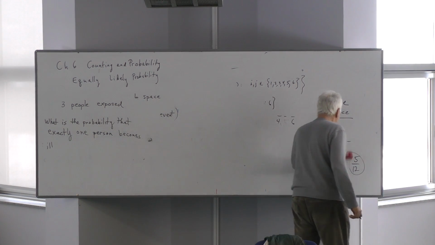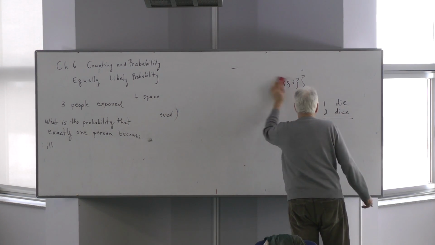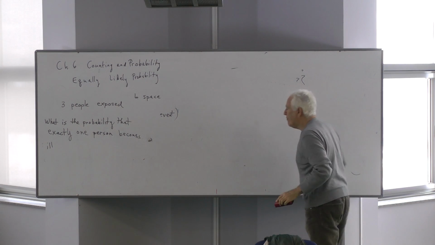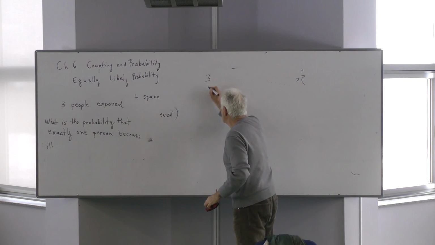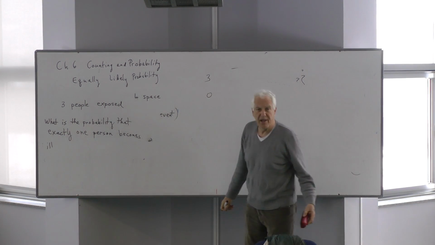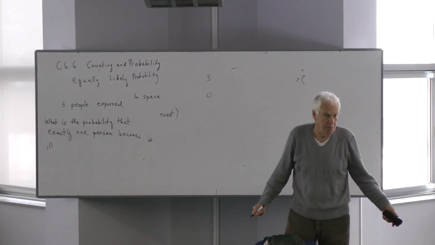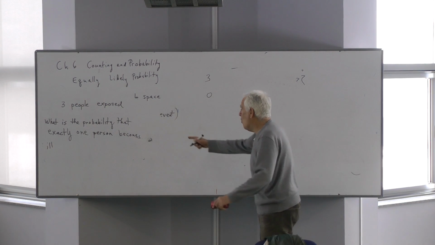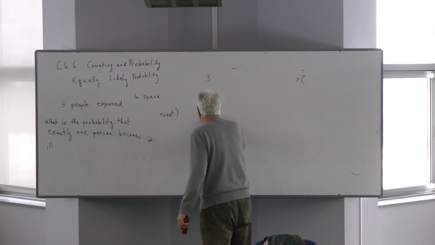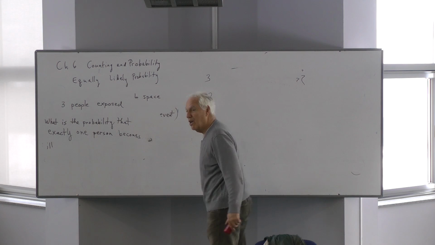What could happen? Let's step back from the problem. You have three people, so zero can get sick, right? Zero people could get sick. Correct, that's possible. Exactly one, our question, or two, or everybody could get sick.